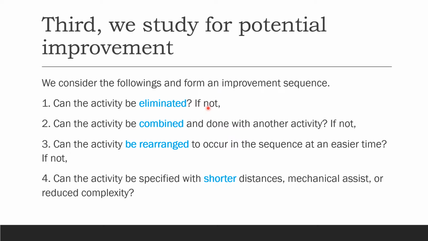If not, you think, can this be combined and done with another activity? So you're saving time. Eliminating, you're reducing the cost. If not, you consider, can this be rearranged to occur in the sequence at an easier time?